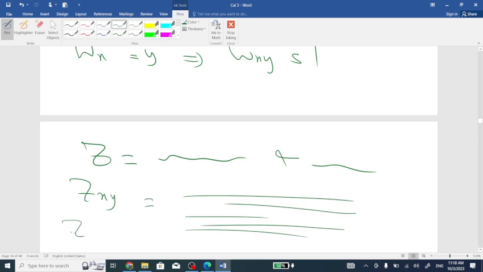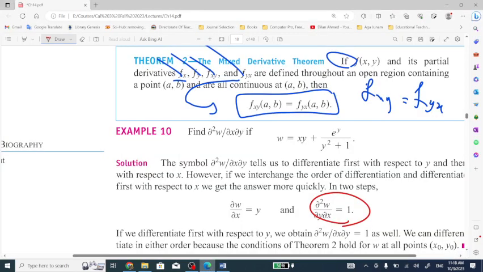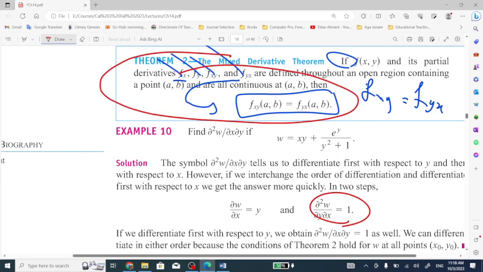But when you change to zyx, maybe you need 10 minutes with 5 lines. The question is, can I do this every time? No. We can do this only when your conditions satisfy the mixed derivative theorem.